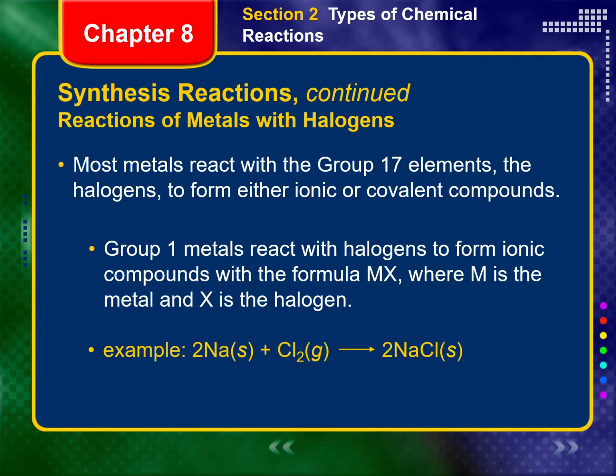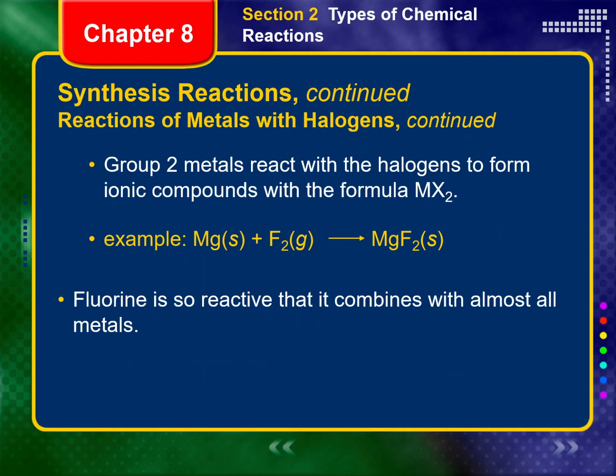Examples of this type of synthesis reaction include the reactions of sodium with chlorine and potassium with iodine. One example is shown on the screen here. Group 2 metals react with the halogens to form ionic compounds with the formula MX2. Again, an example is shown on the screen here.